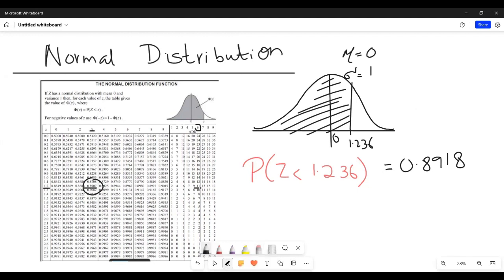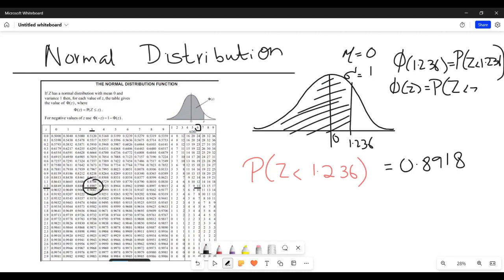So this can also be represented as phi 1.236, which would mean find probability Z is less than 1.236. So generally, phi Z means probability Z is less than small z.